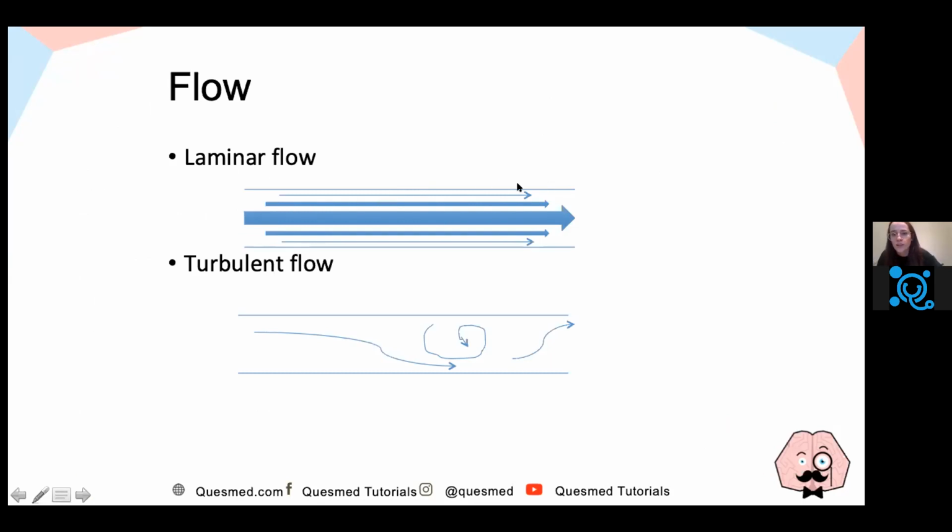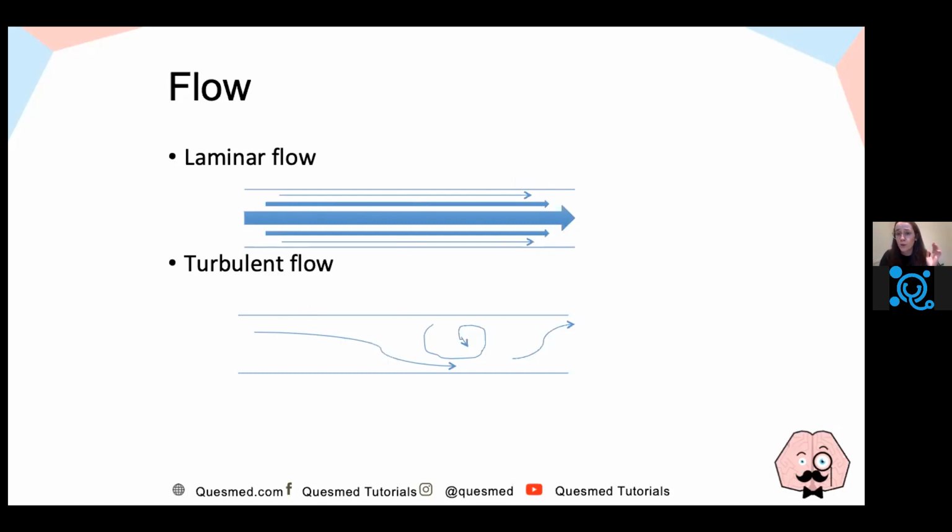So you've got this parabola of flow where you've got your fastest in the middle and it slowly slows down due to friction of the walls of the lumen. And that's in comparison to turbulent flow, where you've got all of these whirls and eddies and disorganized flow. You might have some things flowing back on itself.